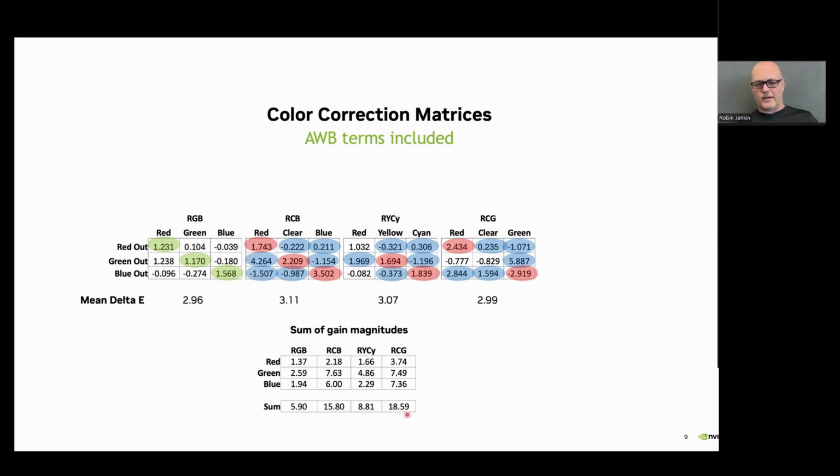So it is predicting that RCG and RCB are the worst, and RGB and RYCY are going to be slightly better. So looking at the CCM terms, especially the diagonals and then the off diagonals, really gives us a little bit of insight about how much gain we have to apply to these systems and how strong the twist is to correct the colors, and what we might get out of this.